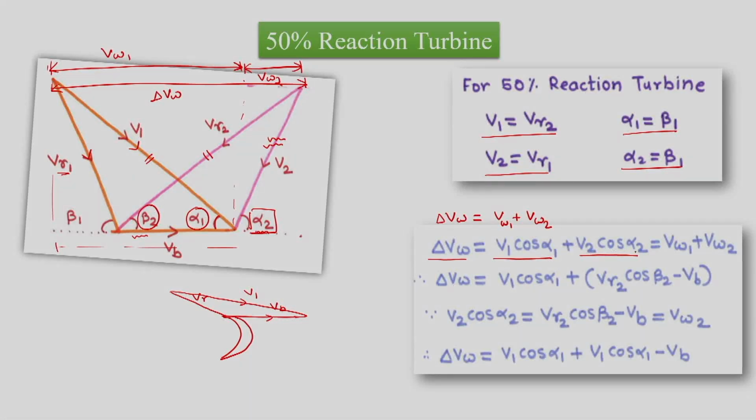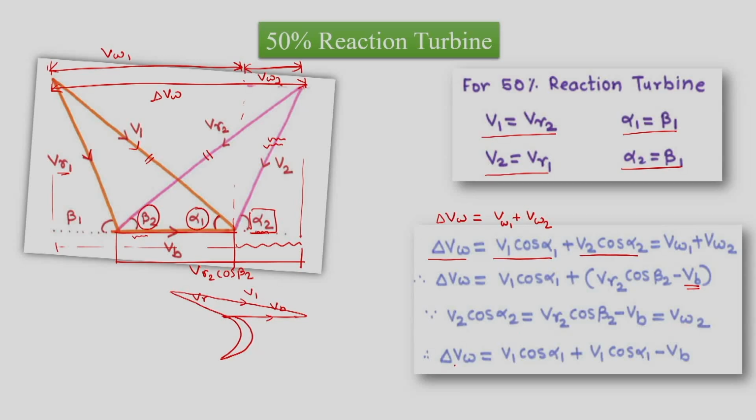Here V2 cos alpha 2 can be expressed as VR2 cos beta 2 minus VB. So this distance is VR2 cos beta 2 minus VB, which is equal to VW2.